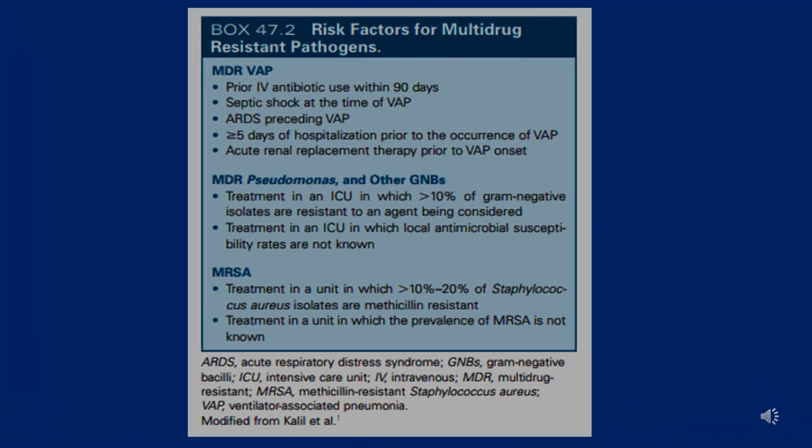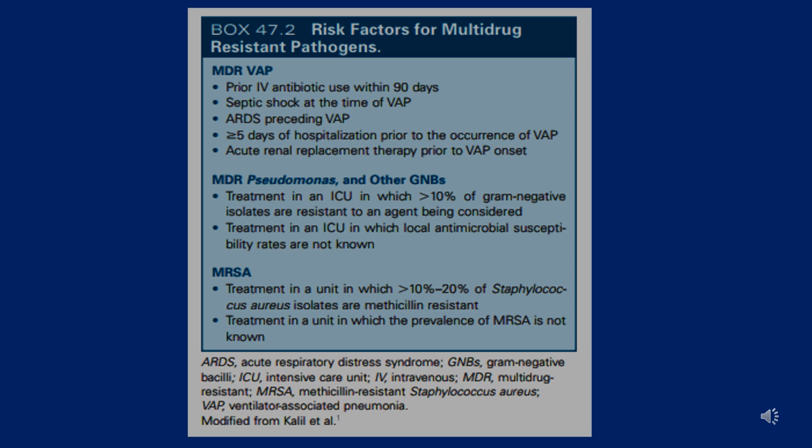Pause the video and carefully scrutinize box 47.2 summarizing risk factors for multidrug-resistant pathogens. The risk factors for multidrug-resistant ventilator-associated pneumonia include the following. 1. Prior IV antibiotic use within 90 days. 2.